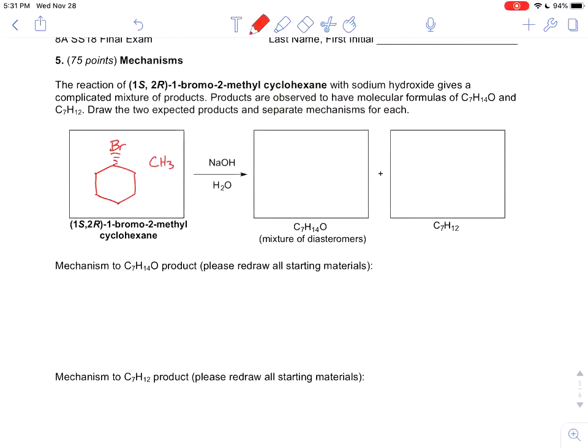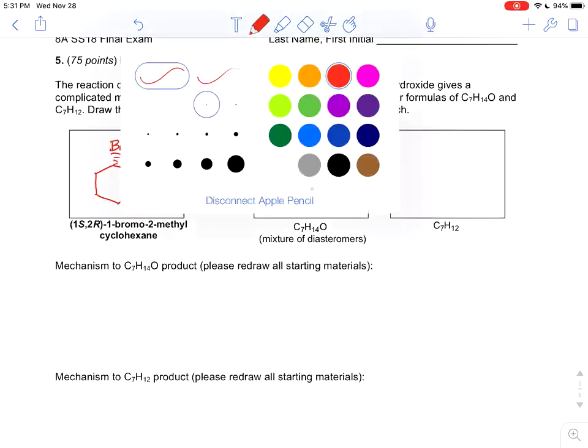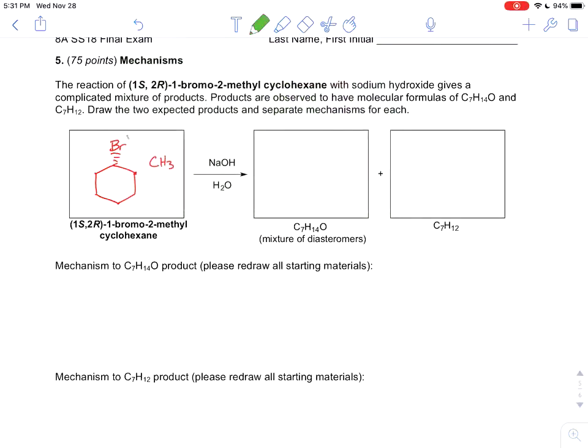We want to make the carbon that has the methyl group here R. So let's just not draw the line, let's just say this would be priority 1. Down here would be priority 2, the methyl group would be priority 3, and then that invisible hydrogen would be priority 4.